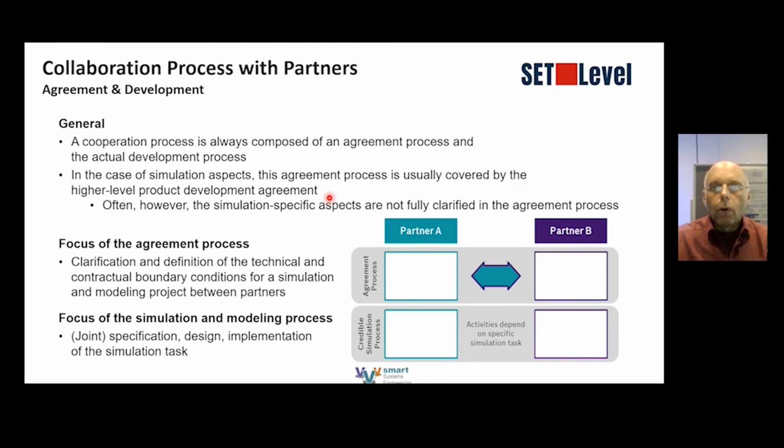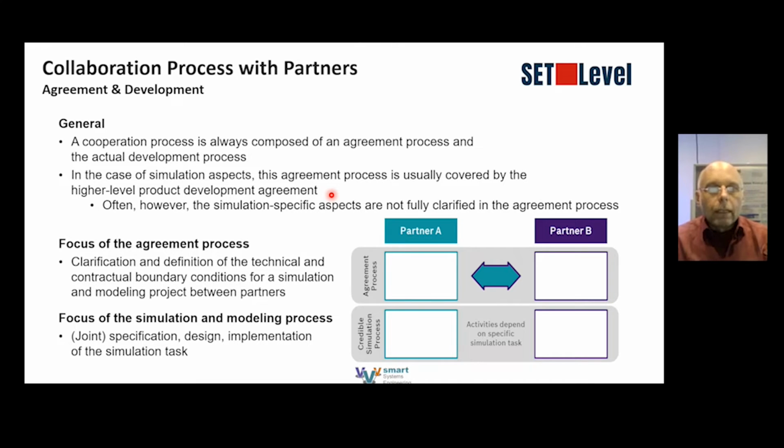What is very important is that normally between partners, the main point is not to develop a model, but to develop a product. So there is normally a higher-level product development agreement, and the simulation models are only a development aid.